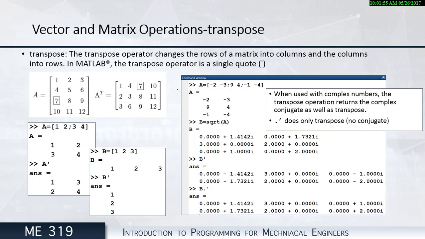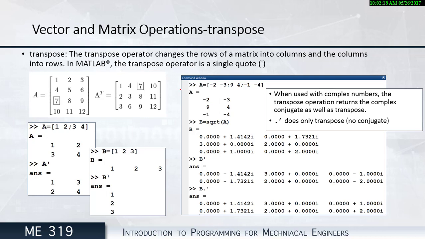The transpose operator changes the rows and columns of a matrix, and it can be done simply by putting a single quote after a matrix variable. As shown here, a row vector becomes a column vector after the transpose or vice versa.